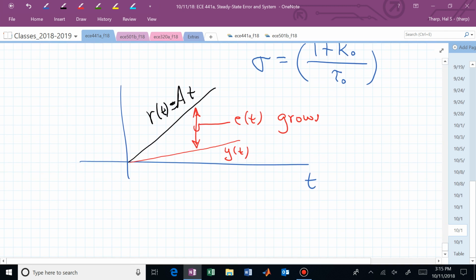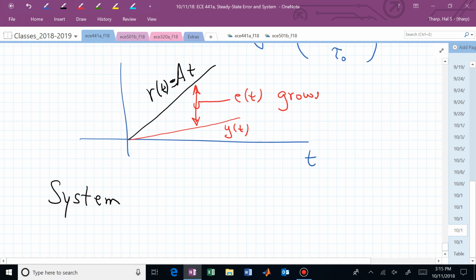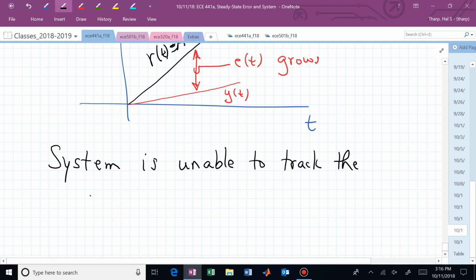Meaning, this particular type 0 system, when we apply a ramp input, is in fact unable to keep up with, or to track, the ramp input.